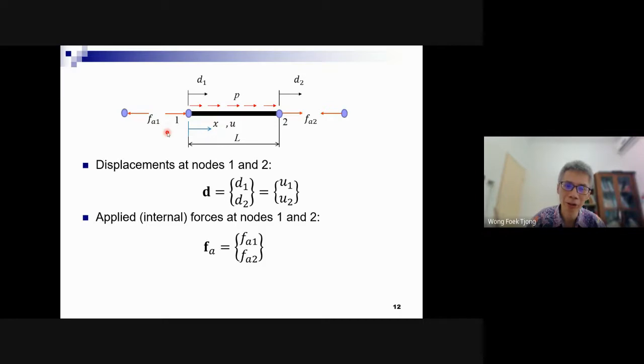This is equal to the normal force. Of course, in normal force we should take care about the sign convention, but the magnitude is equal to the normal force. So the applied forces are equal to the normal force in this case. So we collect them in this vector, FA1 and FA2, as usual. I think you are familiar with this, okay?